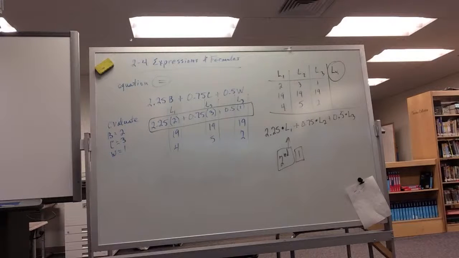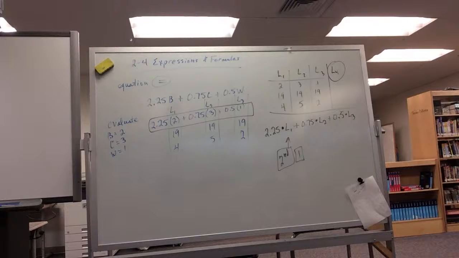So you have 0.5, but that has to be times. And then, once you clear that whole thing, start from scratch. Just hit clear. Now, 2.25 times L1 plus.